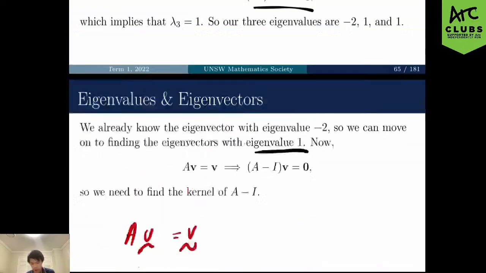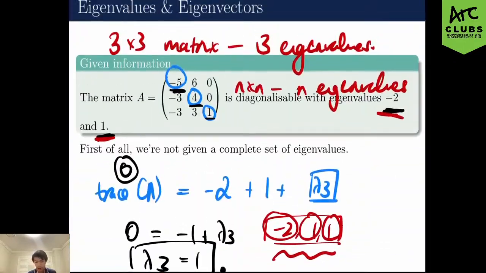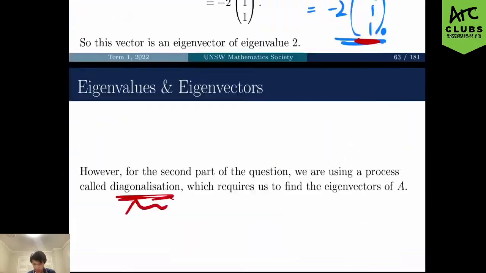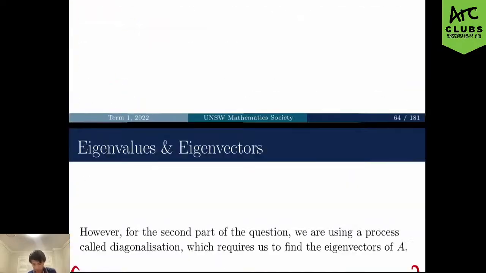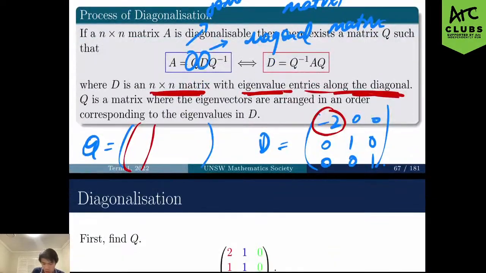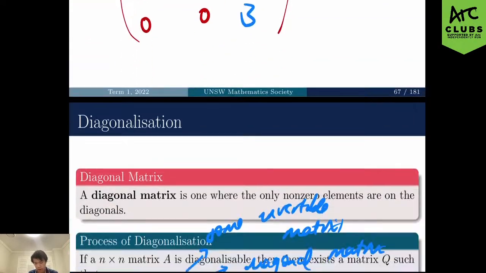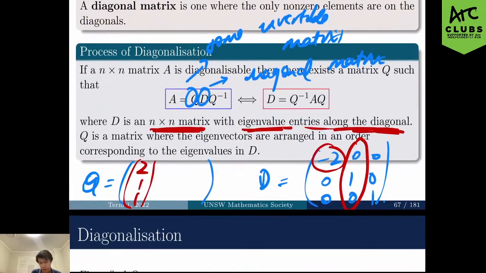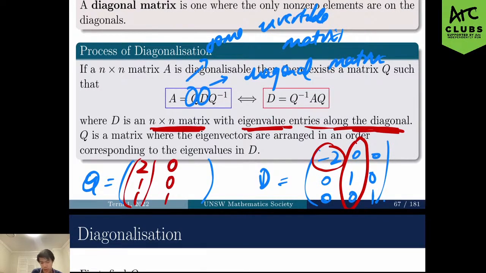It was the matrix we saw at the very beginning. So minus, where is it? (-2, 1, 1). Then this next one is the eigenvector of eigenvalue 1. Replace that just with the eigenvector. So we get (0, 0, 1), which was one we found. And the other one we found was (1, 1, 0). So the order doesn't really matter.